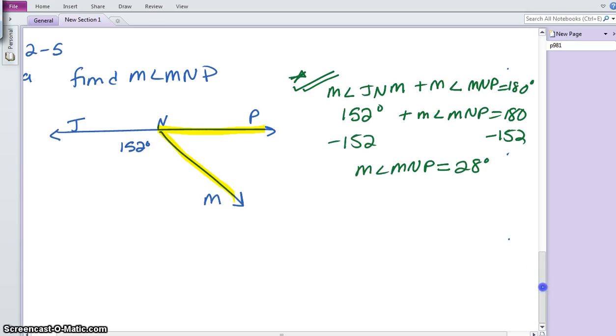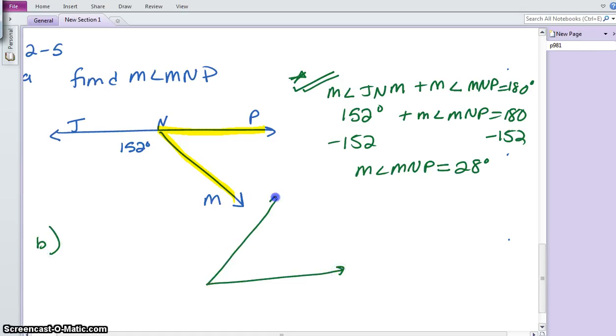We have different information in B and a different drawing. Copy the new drawing. We've got congruence marks on these two angles.